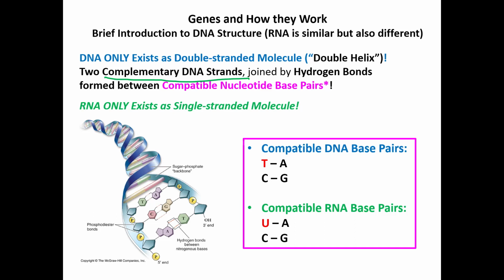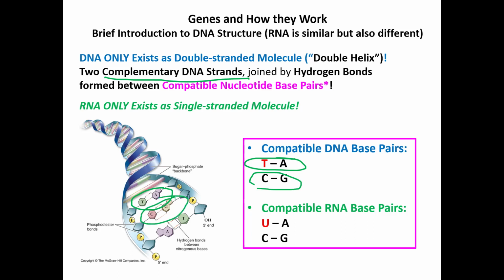And they match in terms of how those nucleotide bases pair up in those 2 strands, because here thymine and adenine are complementary to each other, so they form a pair, and cytosine and guanine are also complementary to each other. They form the other possible pairing.